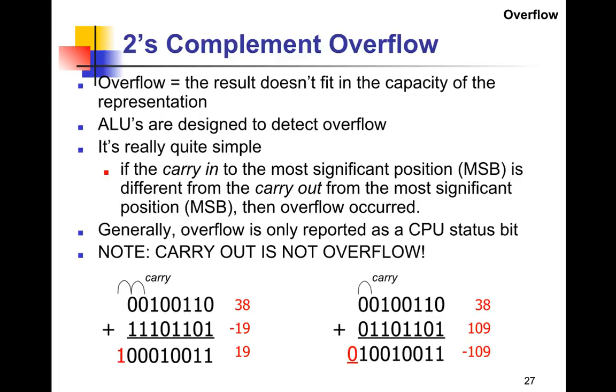So if you notice, there was only one carry. Let's see, 0 and 1 is a 1, 1 and 0 is a 1, 0 and 1 is a 1, 0 and 0, let's see, did we do that? 0 and 1 is a 1, 1 and 0 is a 1, 1 and 1 is a 0 with a carry, 1 and 1 is a 0 with a carry, that's a 1, and then 1 and 1 is a 0 with a carry.